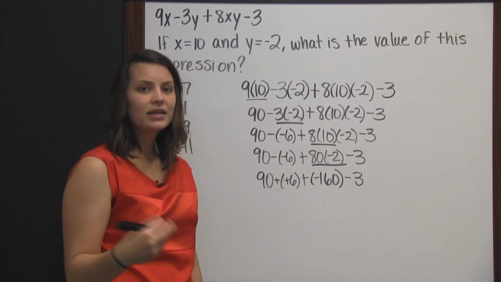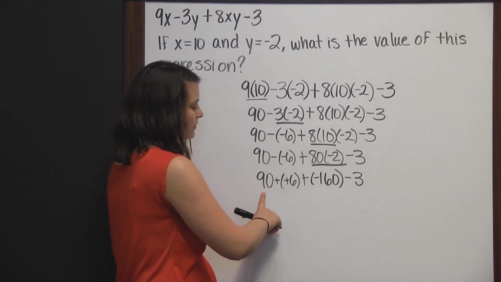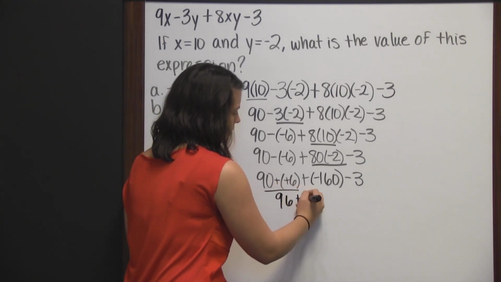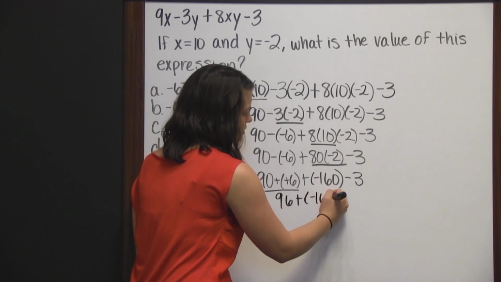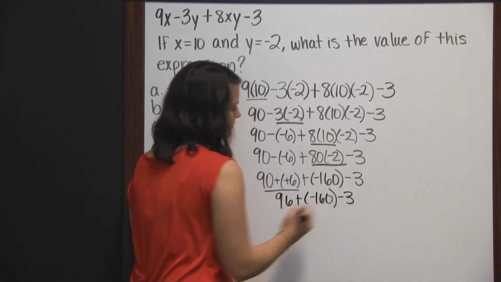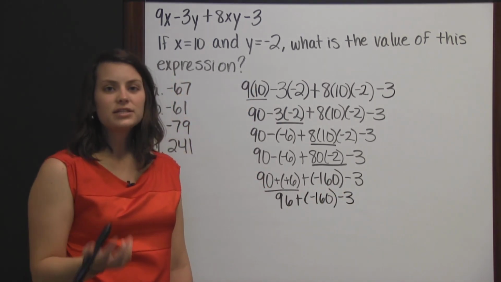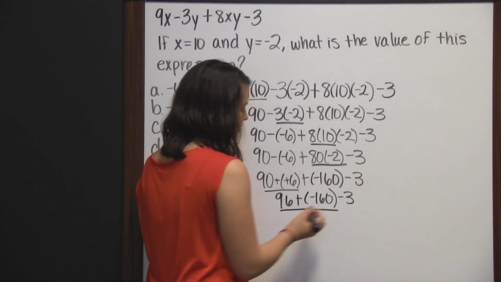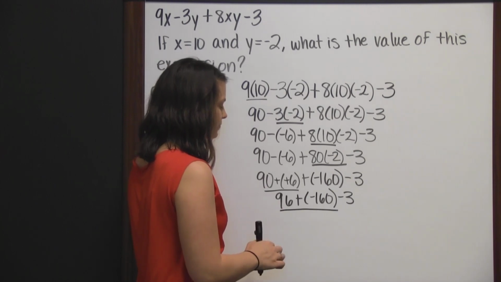Or you can add the inverse. So we have 90 plus 6, 96 plus negative 160 minus 3. Again, we've got to continue working from left to right. So next we have 96 plus negative 160.